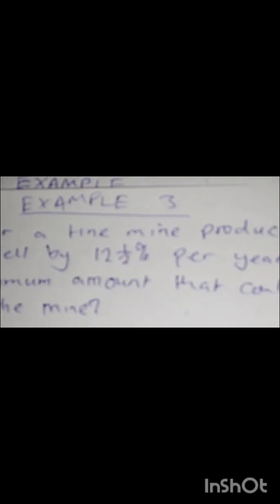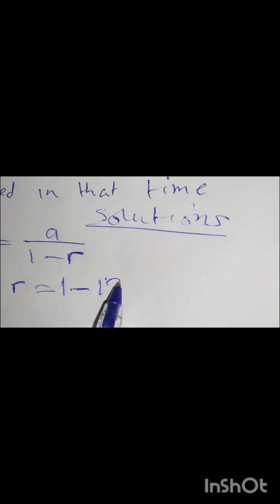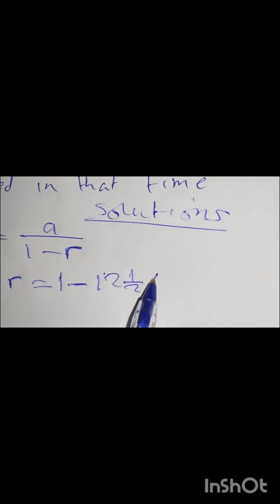First of all, let's identify what is a and what is r. Our a is 100 from the question. Our r is given as a percentage, 12.5%. To find our r, it is 1 minus 12.5%.